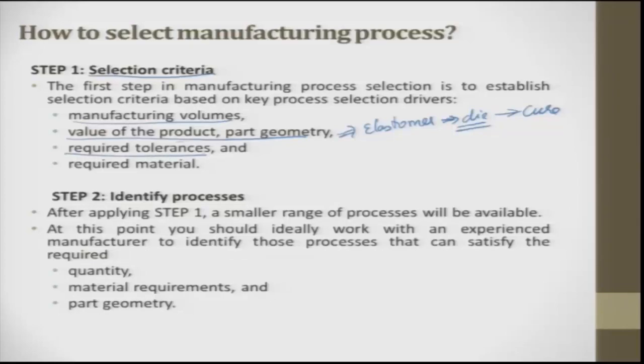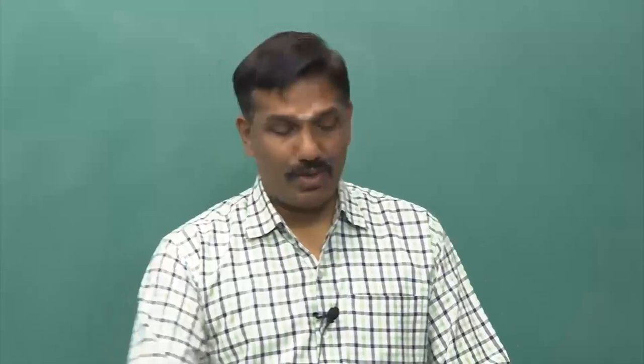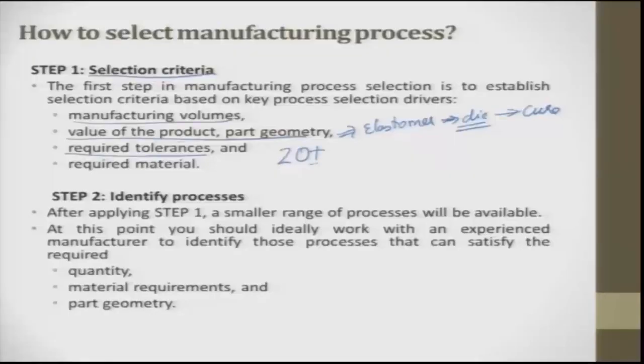Next is the required tolerance. If the tolerance is very tight or very small, then it demands more and more processes. For example, you turn, afterwards you try to grind, and then you try to lap, whatever it is. Why? Because the tolerance is given. For example, if you say 20 plus or minus 0.1, then I will do turning. If I do 20 plus or minus 0.01, I do turning plus grinding.